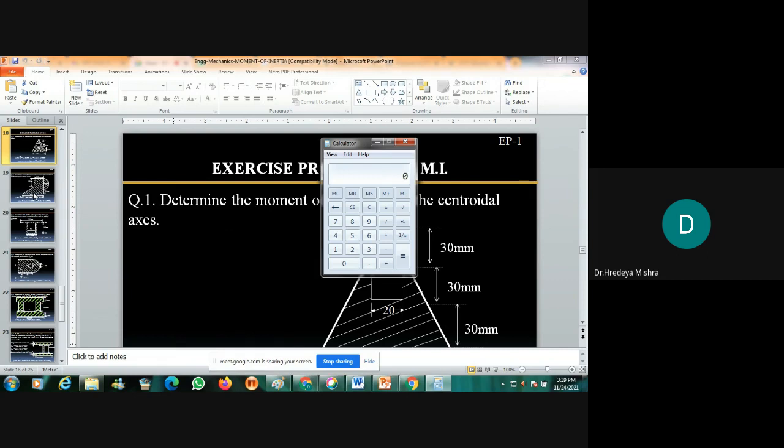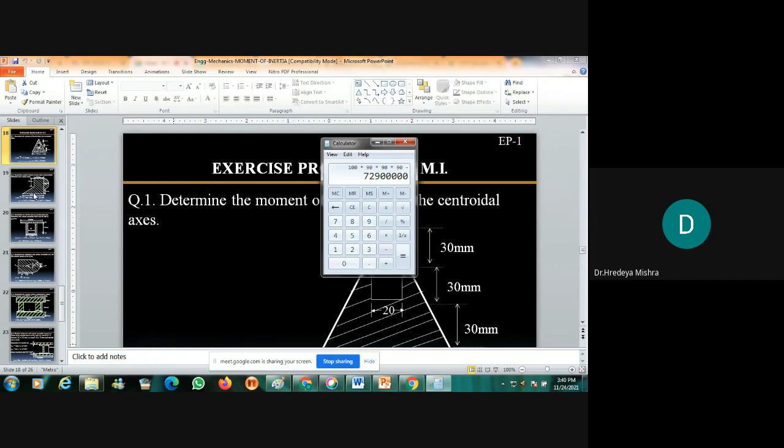Here the value is 100 into 90 into 90 into 90, which is 72,90,000.